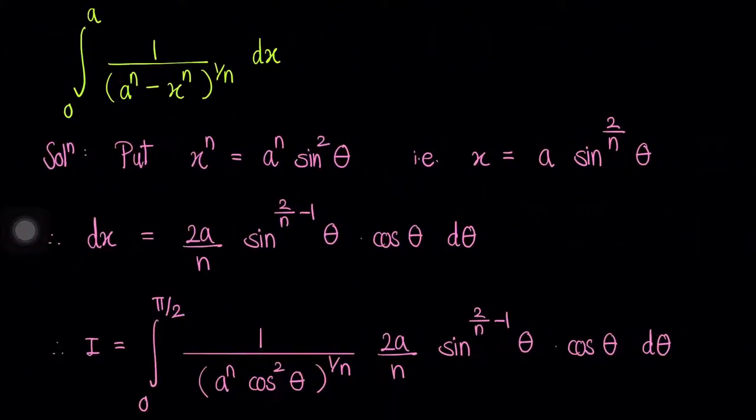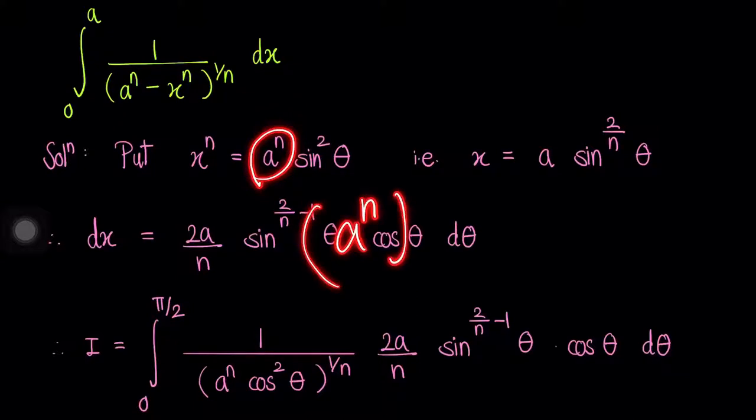Now the second example is integration 0 to a, 1 upon a raised to n minus x raised to n bracket raised to 1 by n dx. Now to solve this, we will put x raised to n equal to a raised to n sine square theta. So if we take nth root on both sides, we will have x equal to nth root of a raised to n, that is a raised to n raised to 1 by n, so this n gets cancelled.